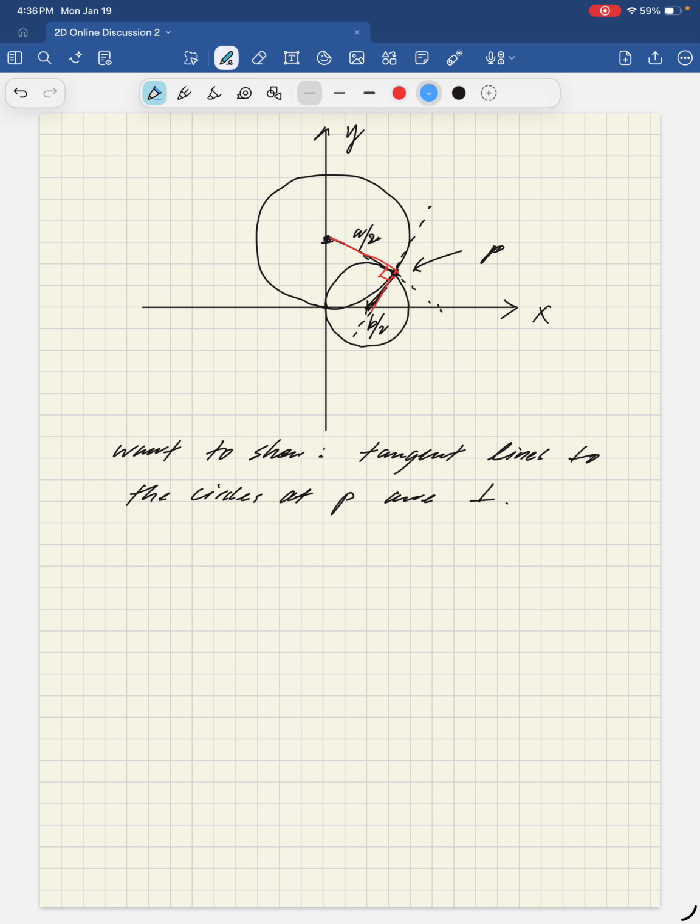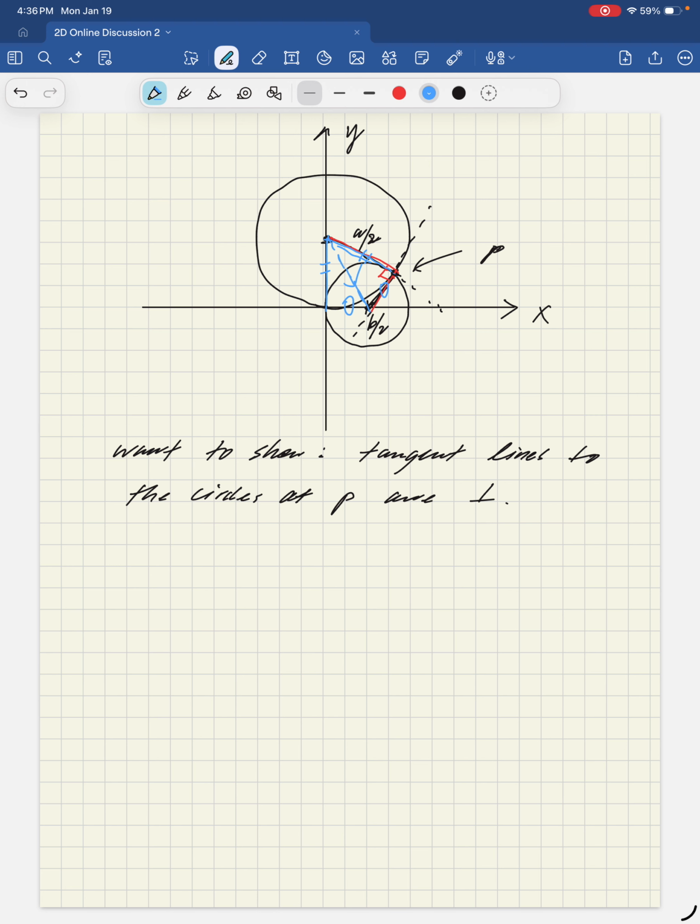If you remember some geometry from high school, this is quite easy to show, because if you draw this blue line from here to here, we actually get two congruent triangles. Why? Because this line here is length a over 2, and this is also a over 2, because these are just radii. And the same holds for these two, because they are both b over 2. And of course, the middle line is equal as well.